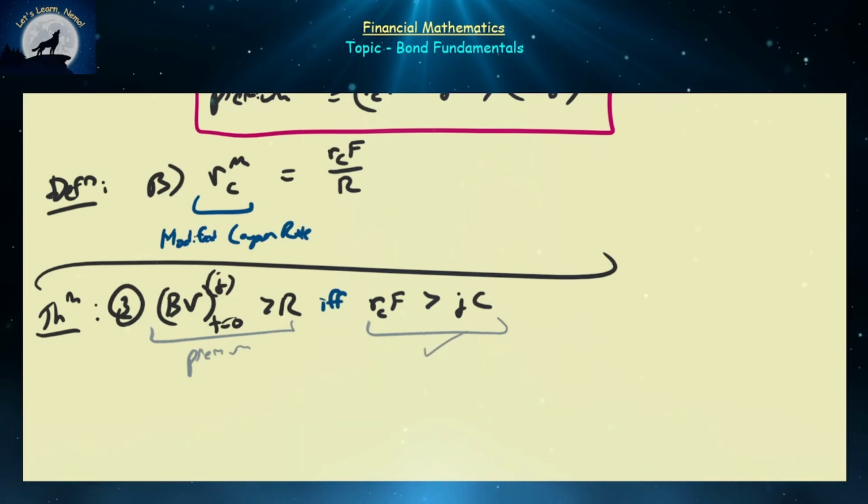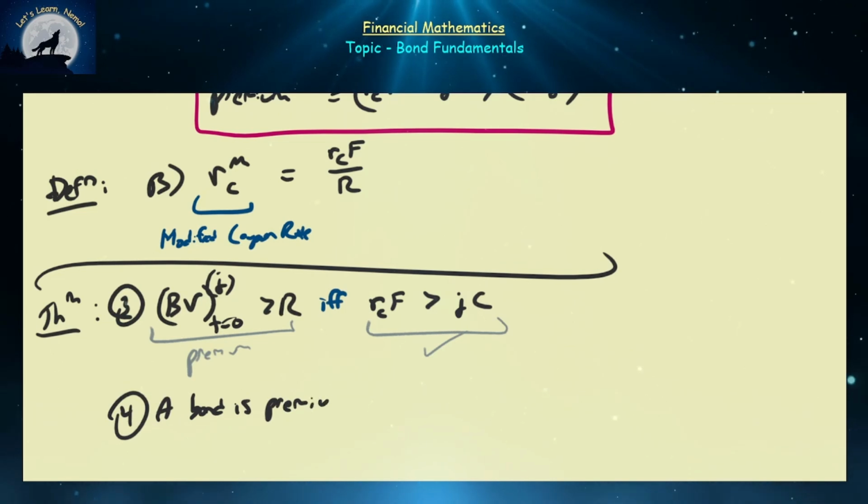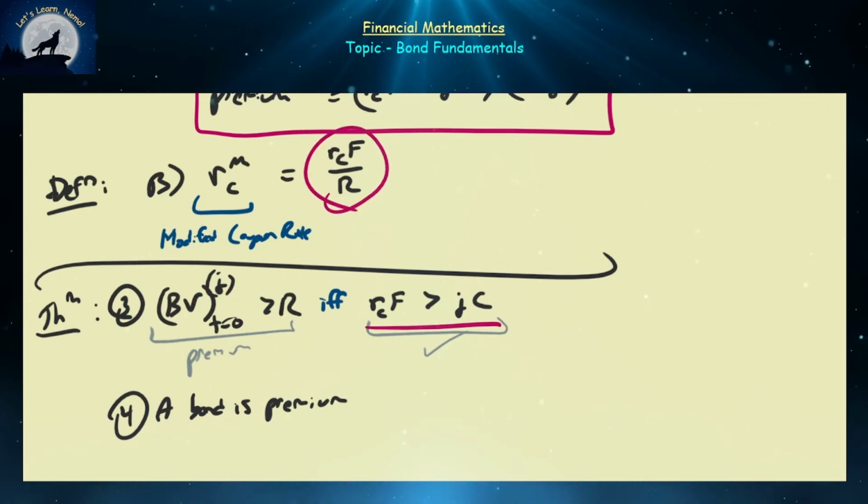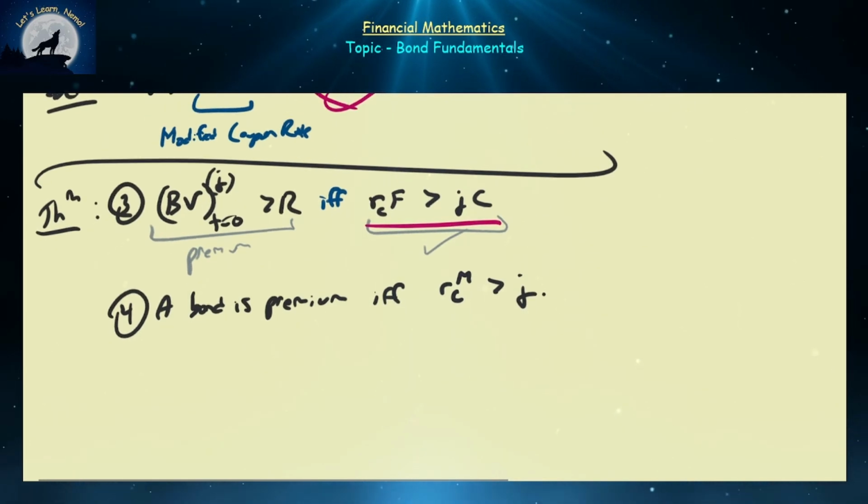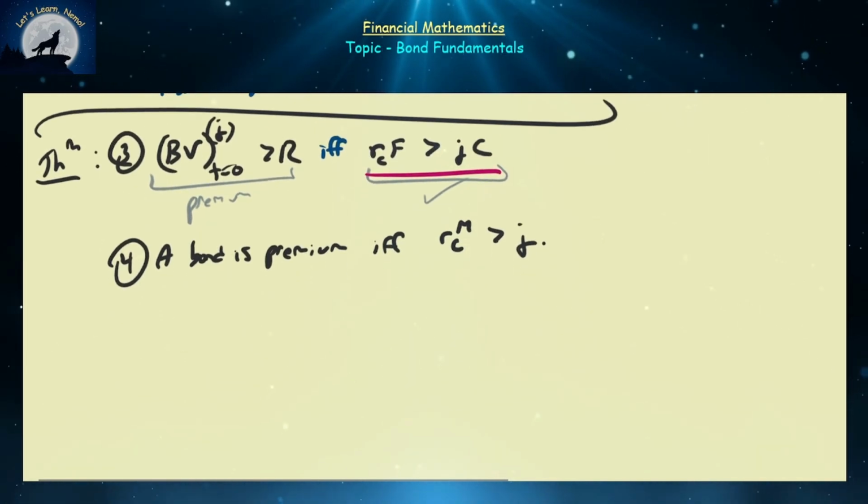And equivalently, if we use our modified coupon rate to compare, we can say that a bond is premium, and I suggest you rearrange this last inequality in terms of this modified coupon rate, if and only if RCM is greater than our yield rate, J. So we get these two important theorems as well. Now, another theorem that I want to mention, let's call it theorem number 5, says the following.